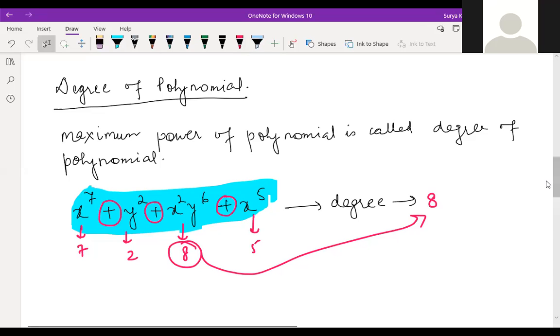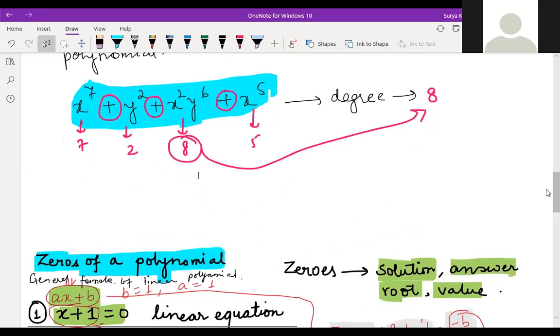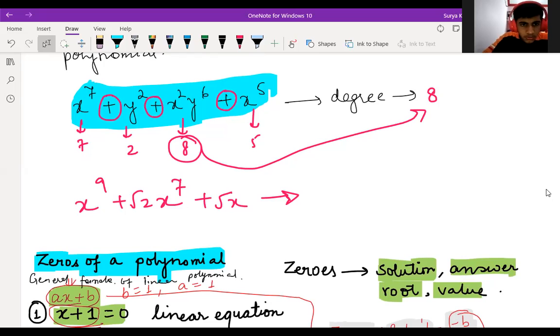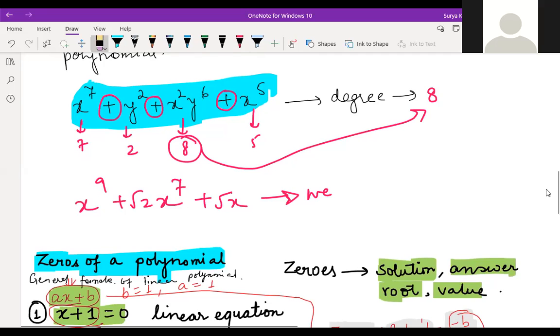Now the next question I'll ask you, children. What is the degree of this polynomial? What is the degree over here? So there is no degree. This is not a polynomial, so we can't find the degree. You can say the degree is not defined.